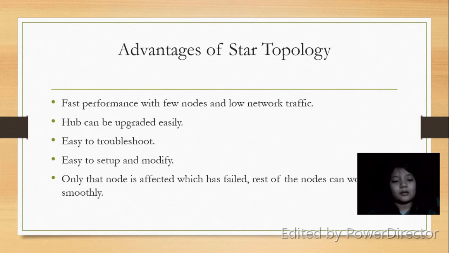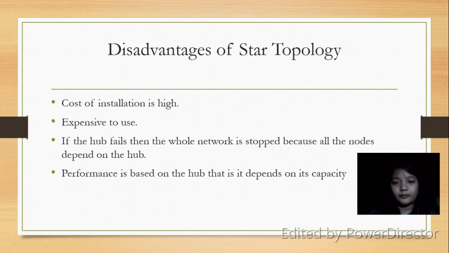Only the node that has failed is affected. The rest of the nodes can work smoothly. So since they have their own cable connecting to the hub, if one computer fails, the other computers can still work smoothly.